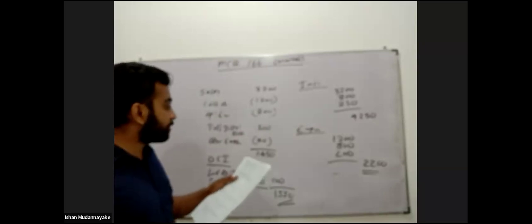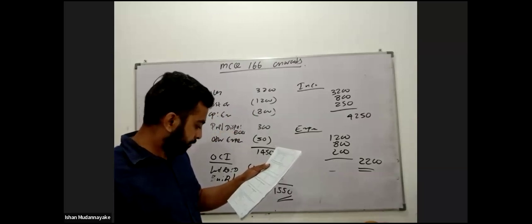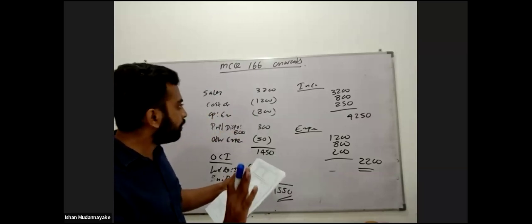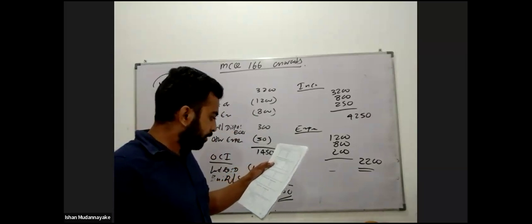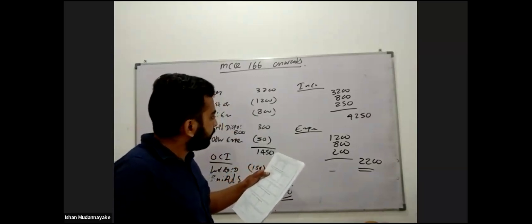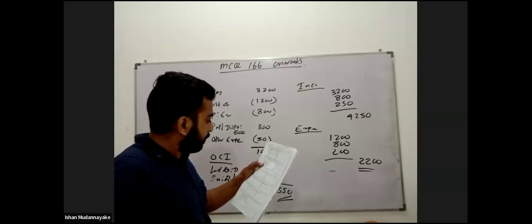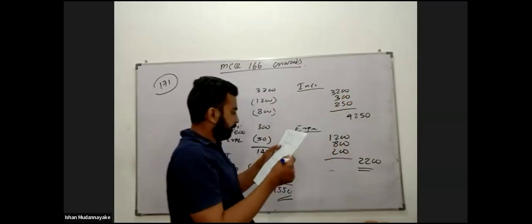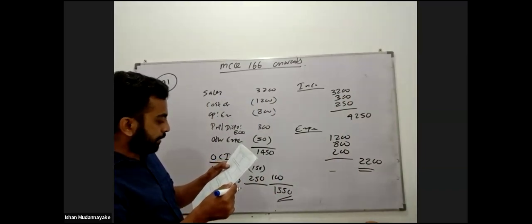Okay. Sales 3,200. Cost of sales 1,200. Operating expenses 800.